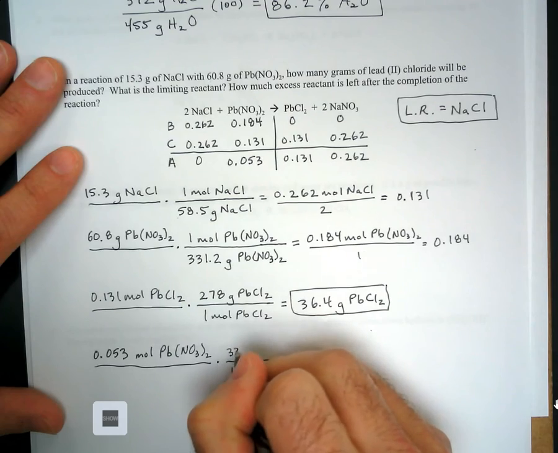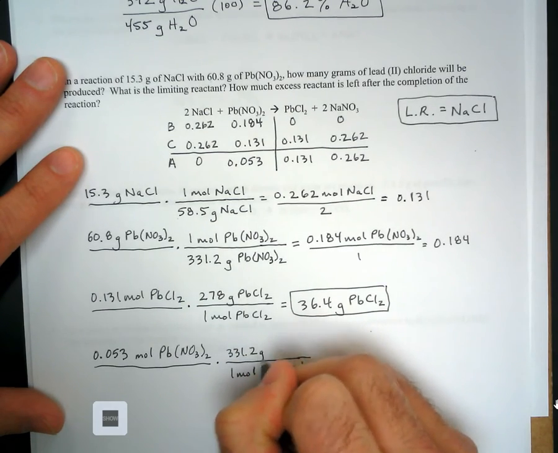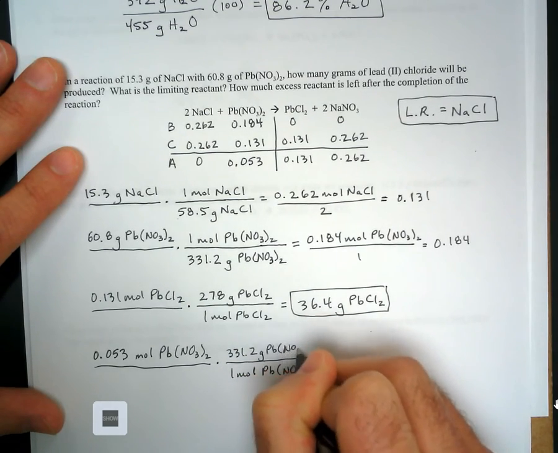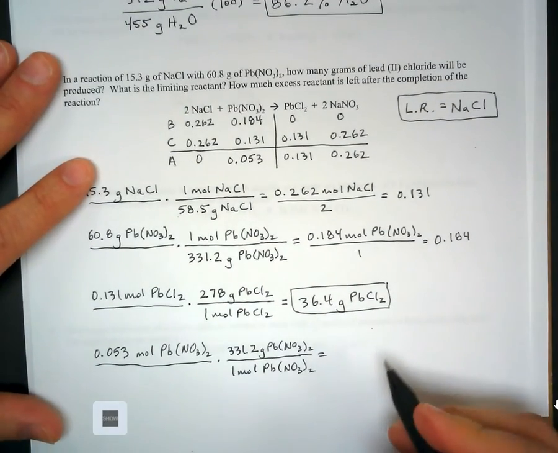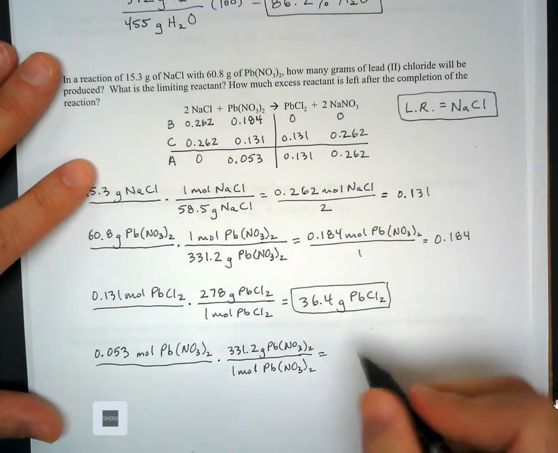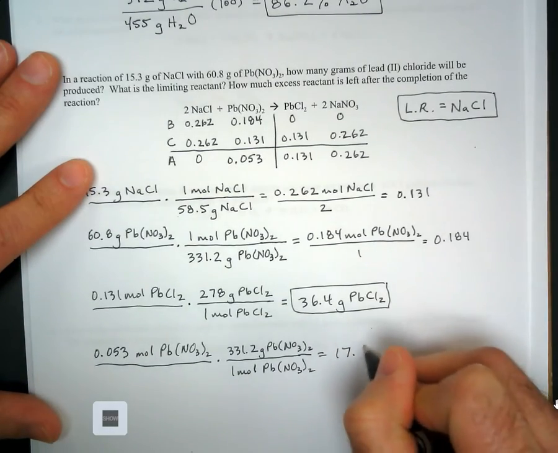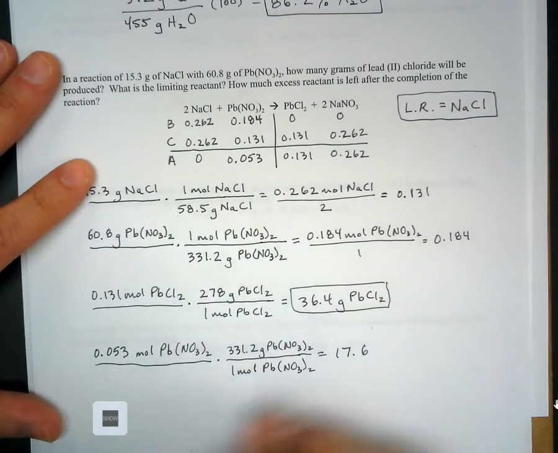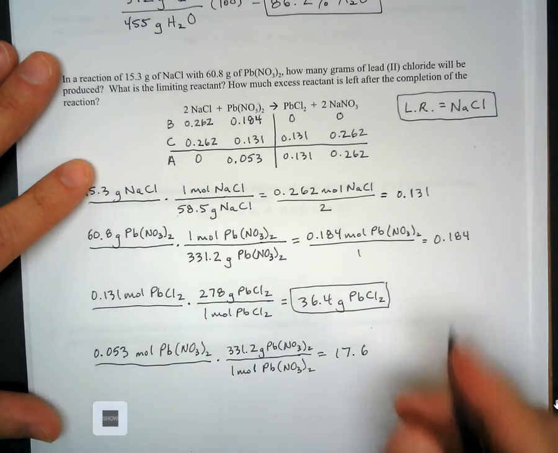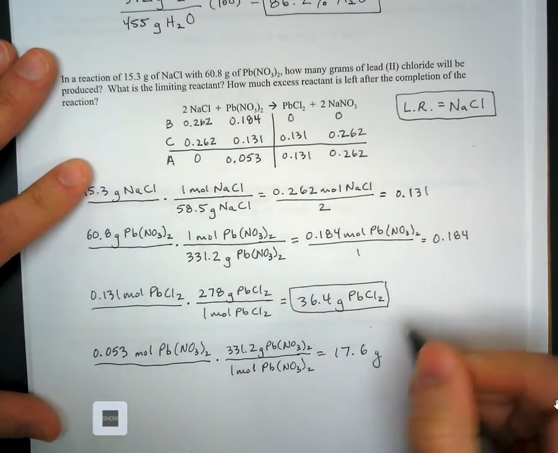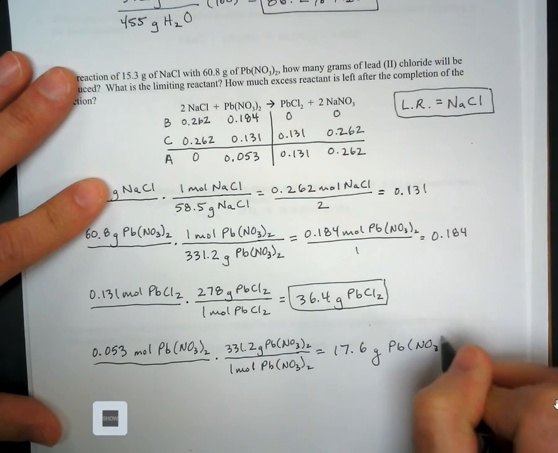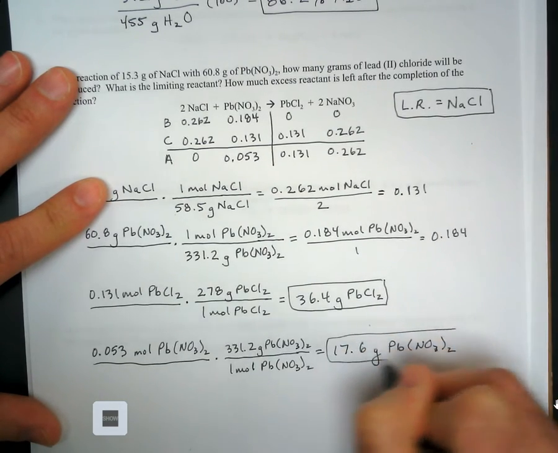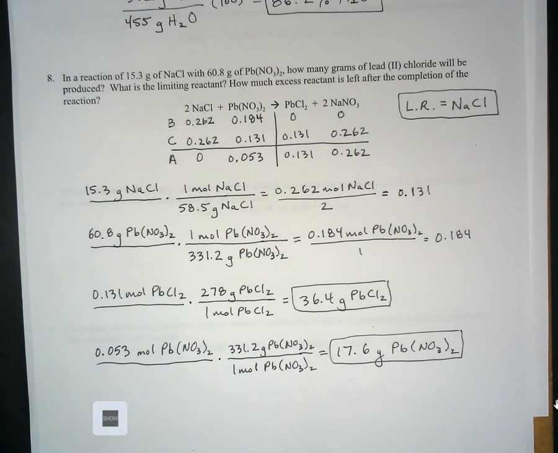So 331.2. We do the math here, and the answer is 17.6, or if you went by significant figures, it'd be 18, either way, grams of Pb(NO3)2. And that's it for number 8.